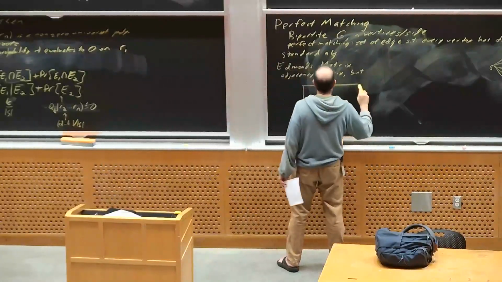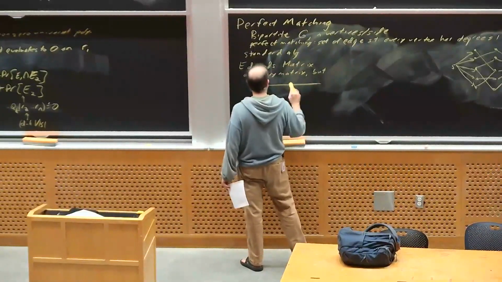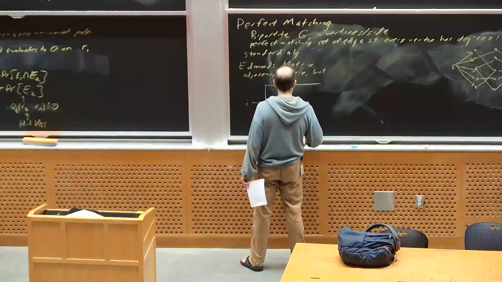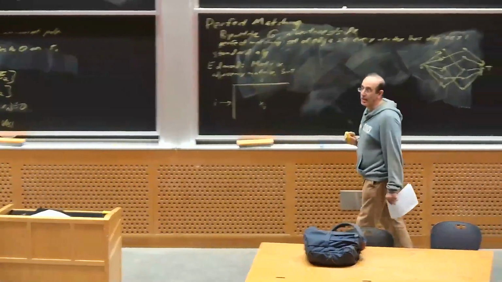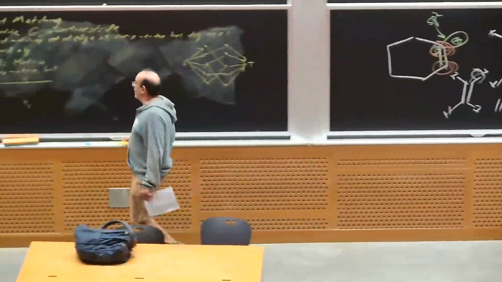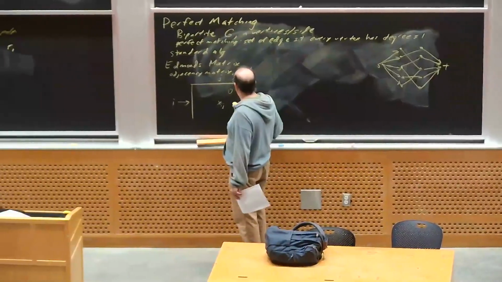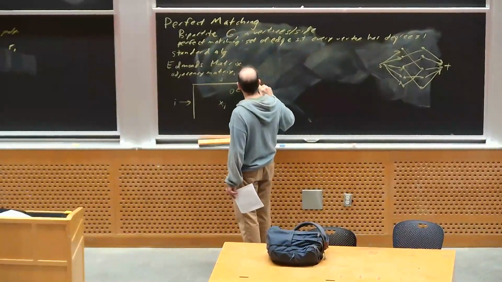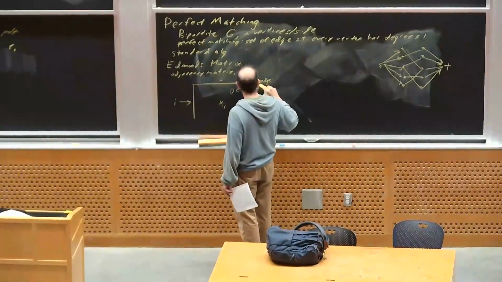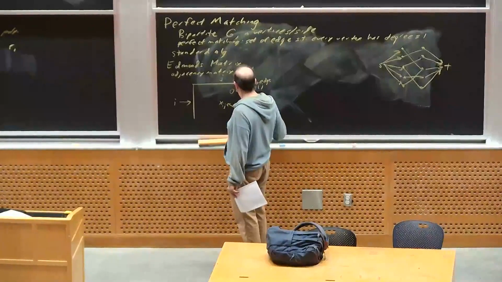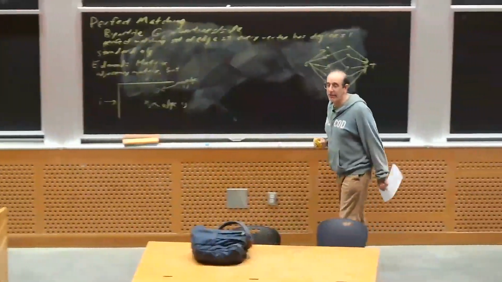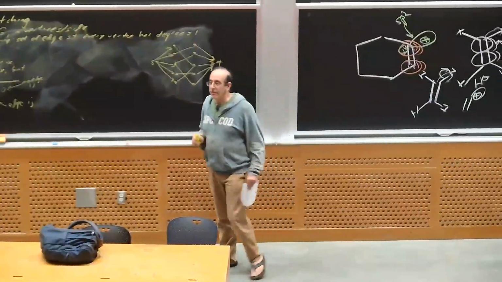So if there is an edge from vertex i on the right to vertex j on the left, then we put in the term xij. If there is no edge, then we just put in a 0. Everybody understand the matrix?